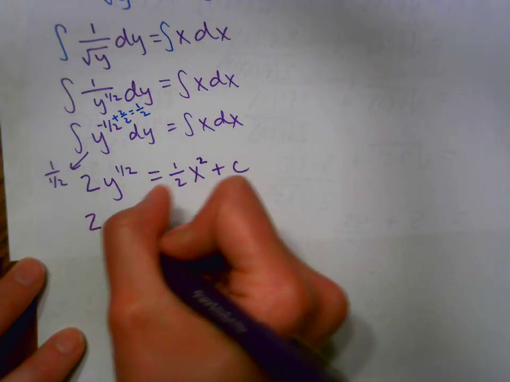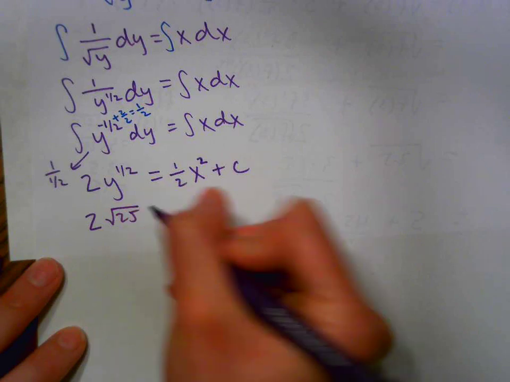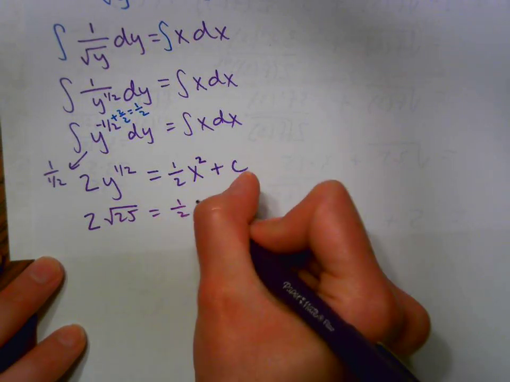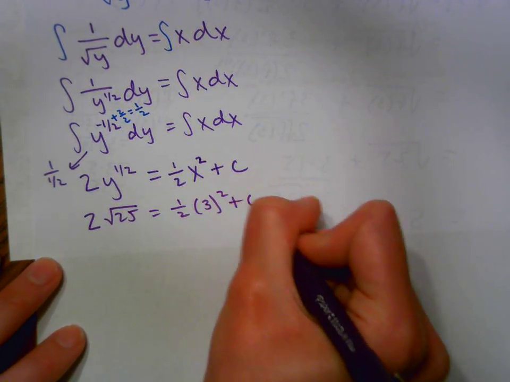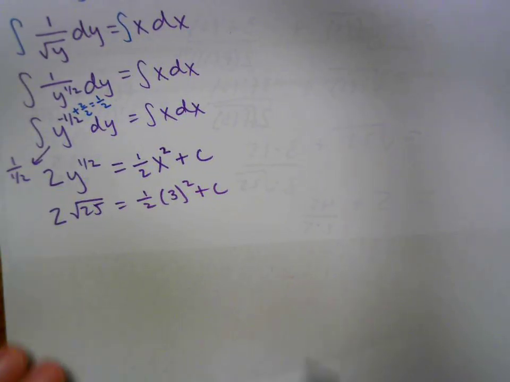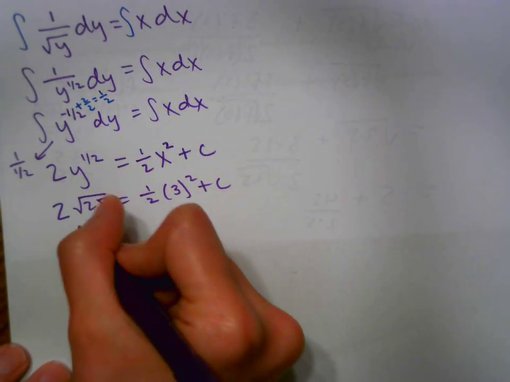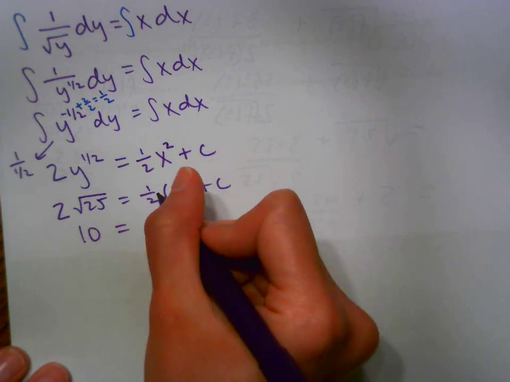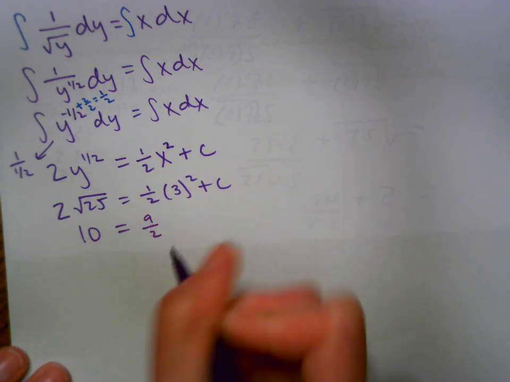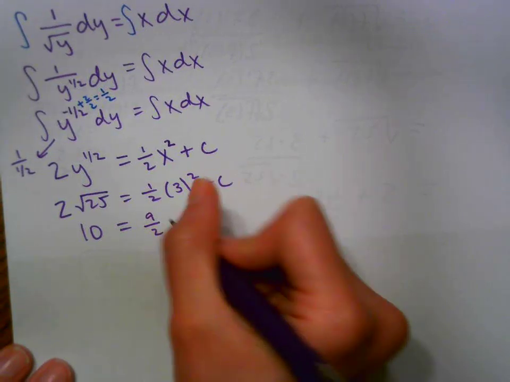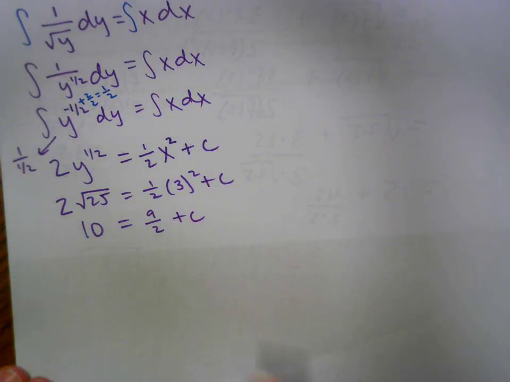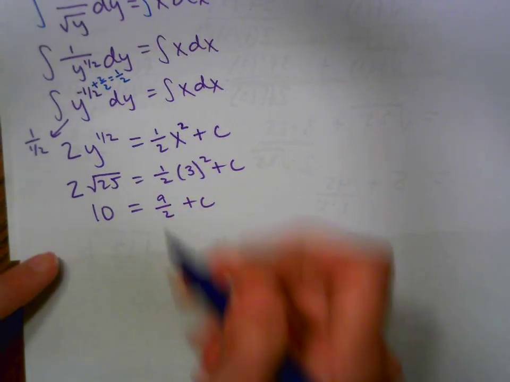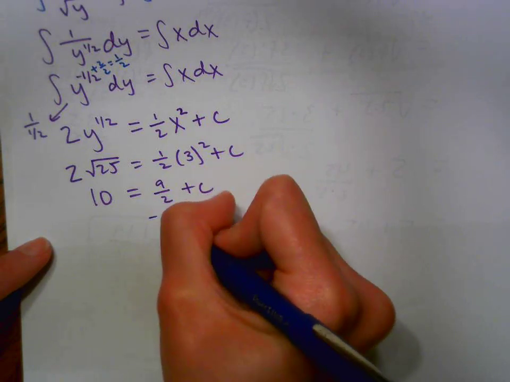Now I'm going to change 1/2 to square root at the same time. So it's going to be 2 times the square root of 25 equals 1/2 times 3 squared plus c. So square root of 25 is 5 times 2 is 10, and 3 squared is 9, so that's 9 over 2, 9 times 1/2, plus c. So I'm going to subtract my 9/2 to get c alone.